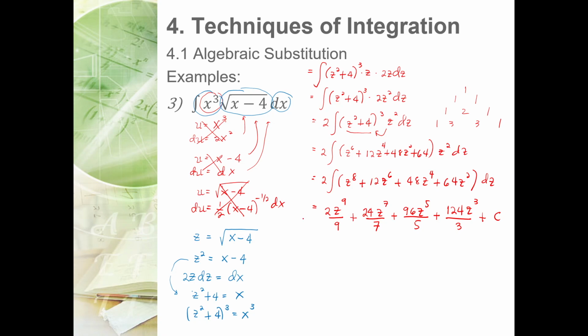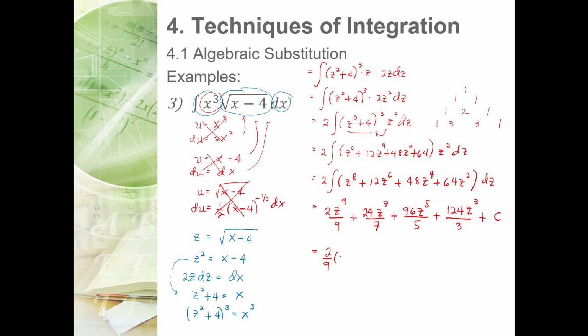Bringing back the value of the z parameter, you can write it in this manner: 1 over 9, and we'll use exponent form to avoid confusion with the exponent 9.